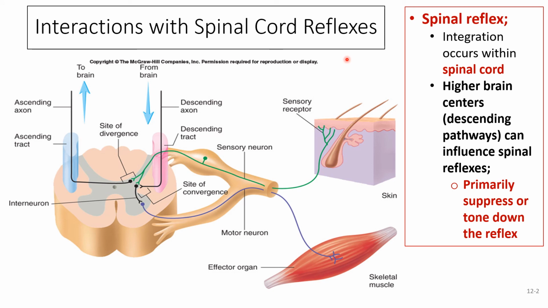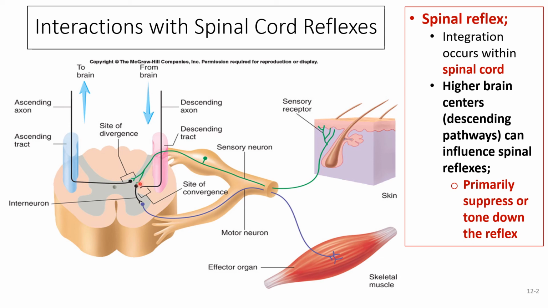So if you recall what a spinal reflex refers to, the components involved in the spinal reflex arc are the sensory receptor. It doesn't matter what the receptor is in the periphery. When it fires, its action potential will travel along that sensory afferent neuron back to the spinal cord in that spinal nerve.